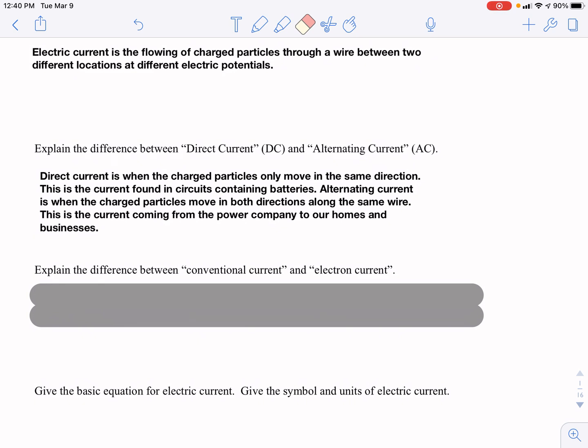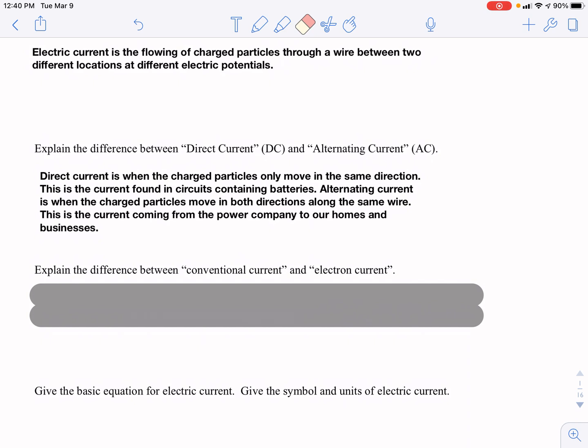This is found in circuits that contain batteries. Alternating current is when the charged particles move back and forth, in other words, in both directions along the same wire. This is the type of electricity that is coming from the power companies to power our homes and businesses.